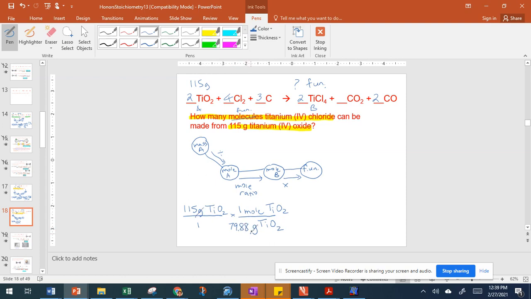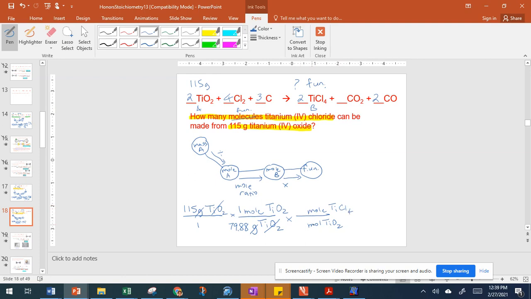So we notice here grams cancel out, titanium 4 oxide cancels out, and now we're at moles of A, so we're going to use our mole ratio. So again, we have moles of titanium 4 oxide in the bottom, and since we're looking for titanium 4 chloride, we're going to have moles of titanium 4 chloride in the numerator.